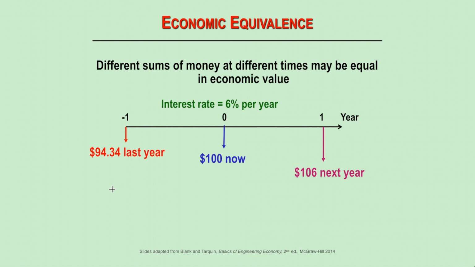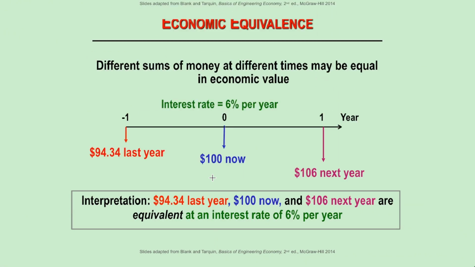So what this means is that if I had $94.34 last year at 6% per year interest rate, this would have grown into $100 now. So the interpretation is that $94 last year and $100 now and $106 next year are equal in economic value at an interest rate of 6% per year.